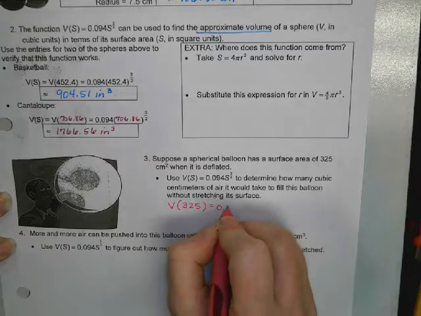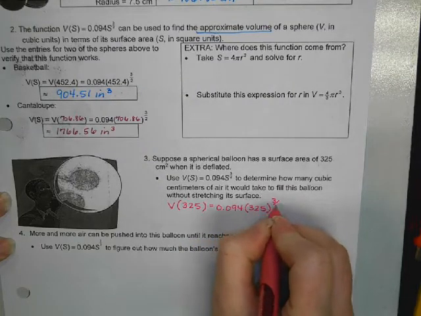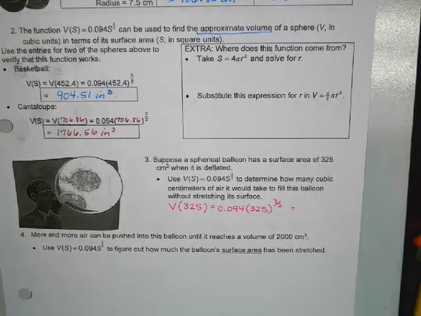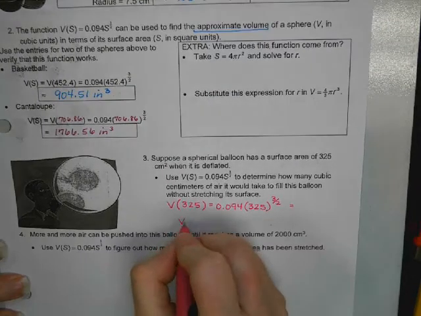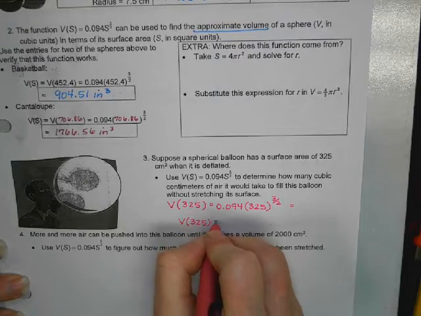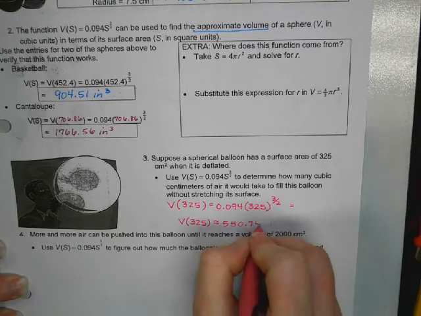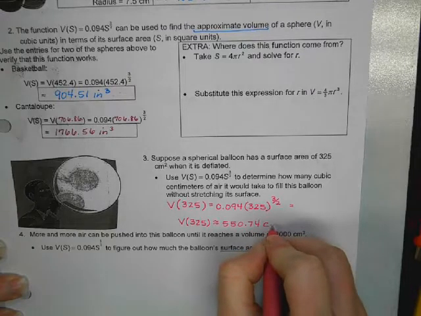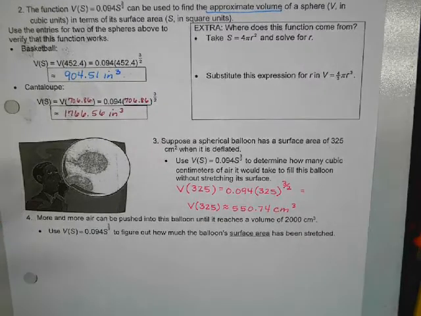So I'm just plugging in 325 this time. Did y'all get 550.74?